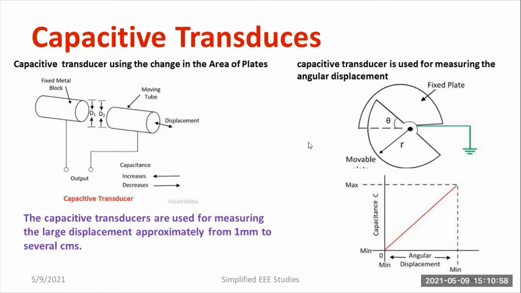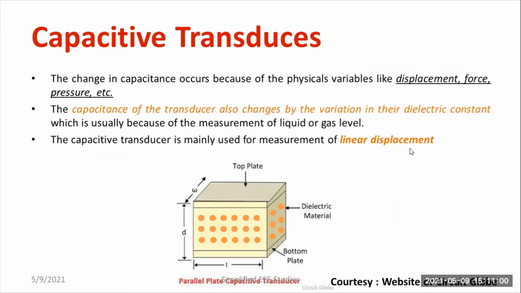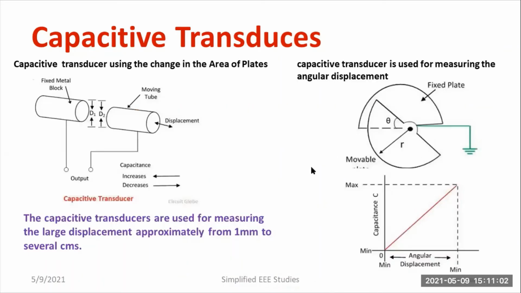As I told you, you can measure not only linear displacement but also angular displacement. Let us understand how you can measure the linear displacement. Consider the schematic diagram of the capacitive transducer. The mechanical body is directly connected to the input of the capacitive transducer.